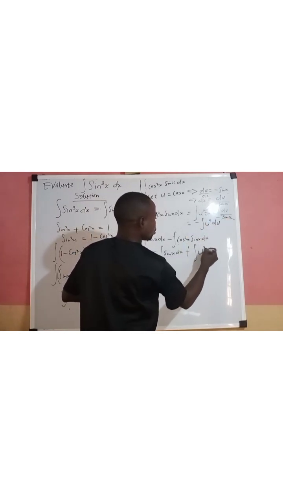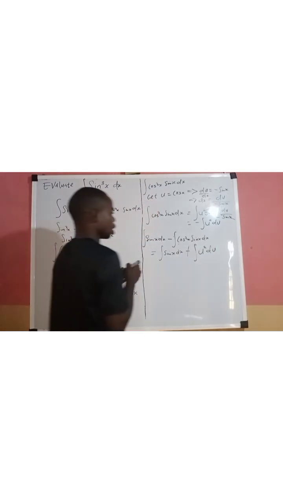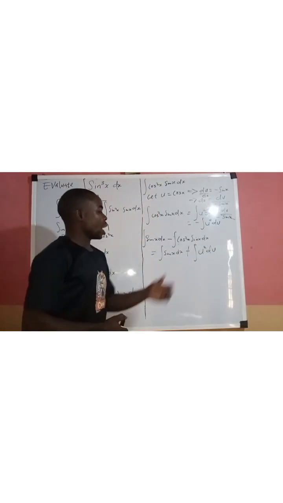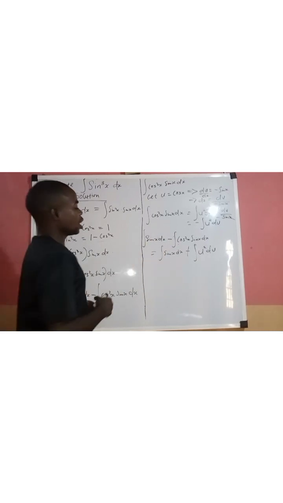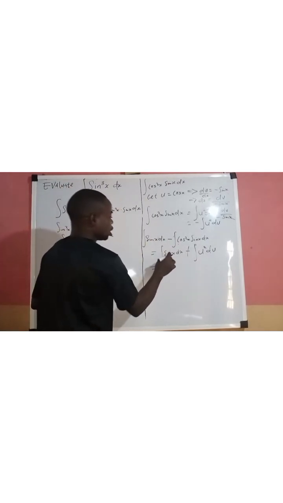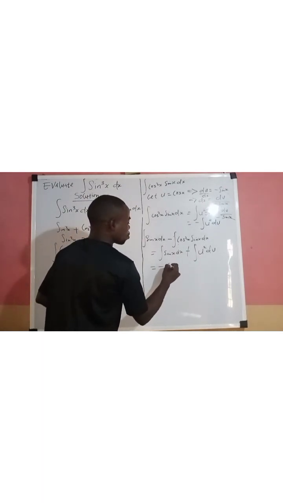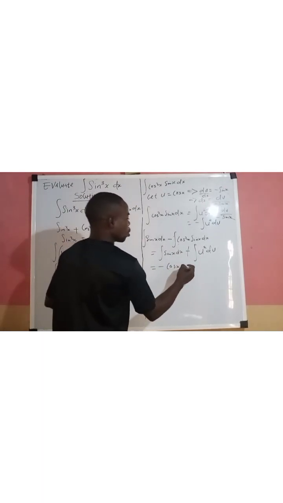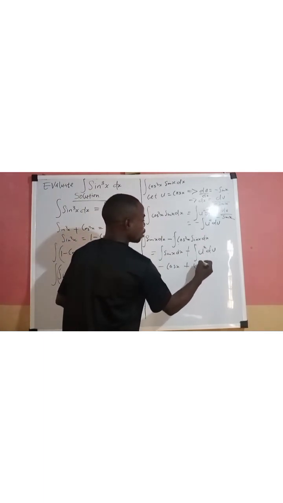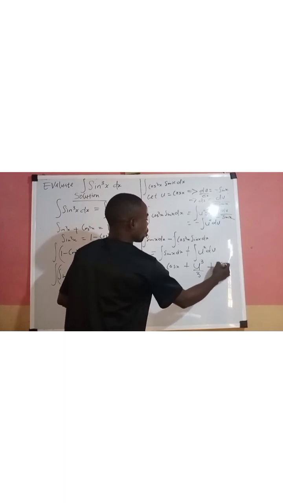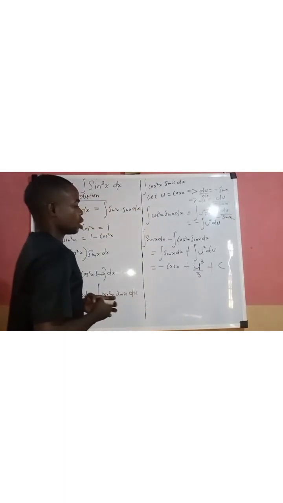Don't forget that du. So this is what we have right here, and you can see that we can now integrate directly. The integral of sine x is going to give us minus cos x, plus the integral of u squared, which gives u cubed divided by 3, and then plus our constant of integration.